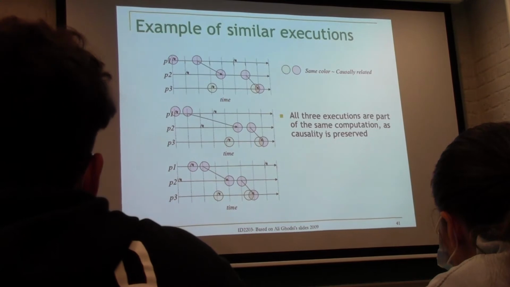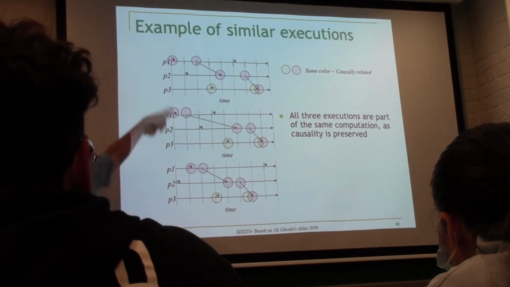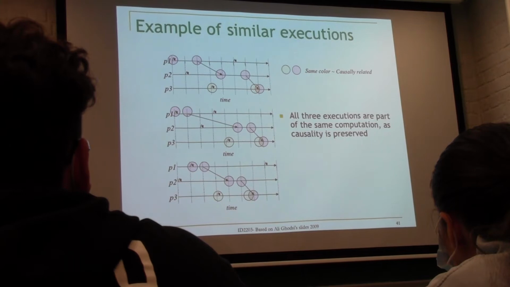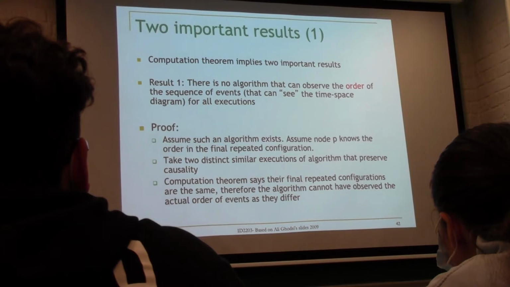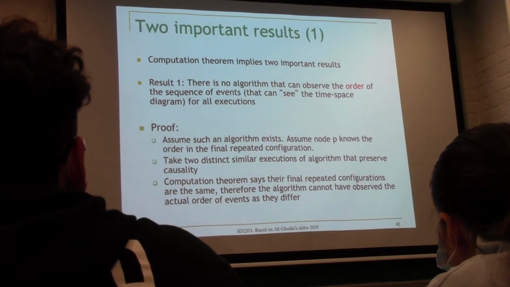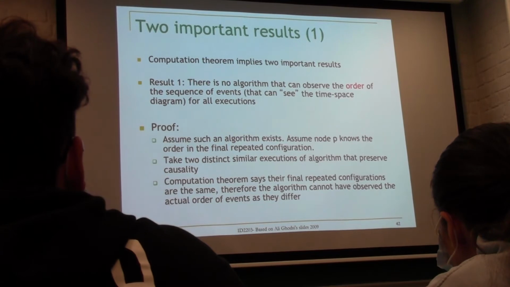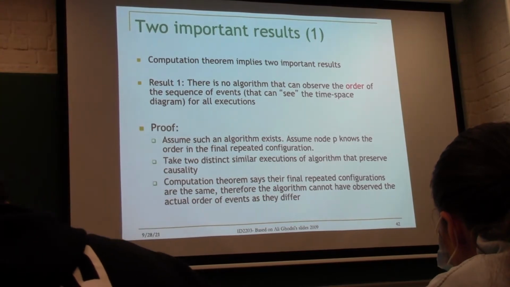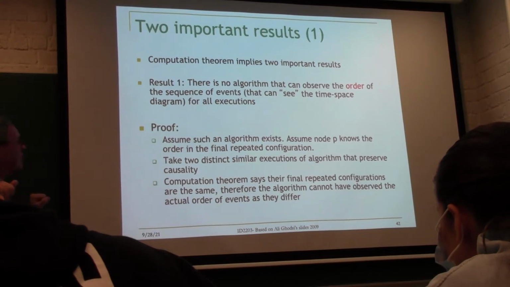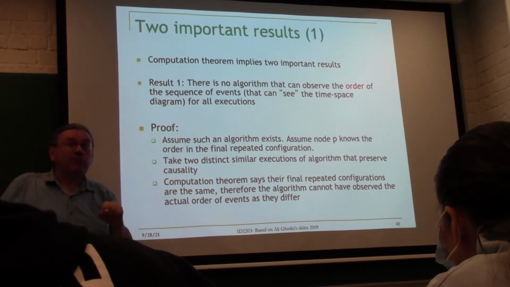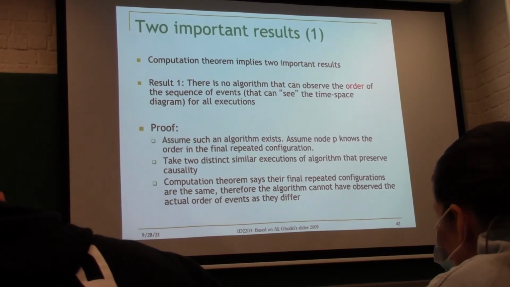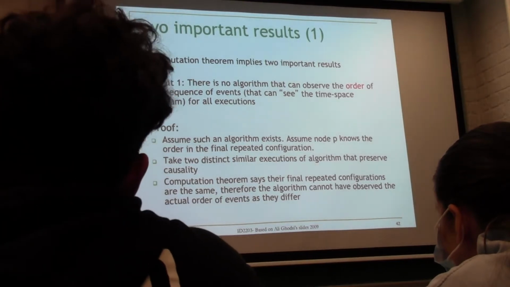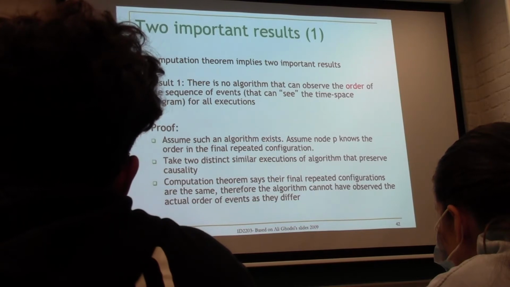That's not possible. Or this picture. You cannot distinguish them. The algorithm cannot make the difference. So that's a conclusion. Basically everything happens in a world where things are the same if they're causally the same. So that's important intuition. And that's in our model. You can extend the model, which I'll show you in a minute, to break that. But if you do that, you maybe introduce other problems.